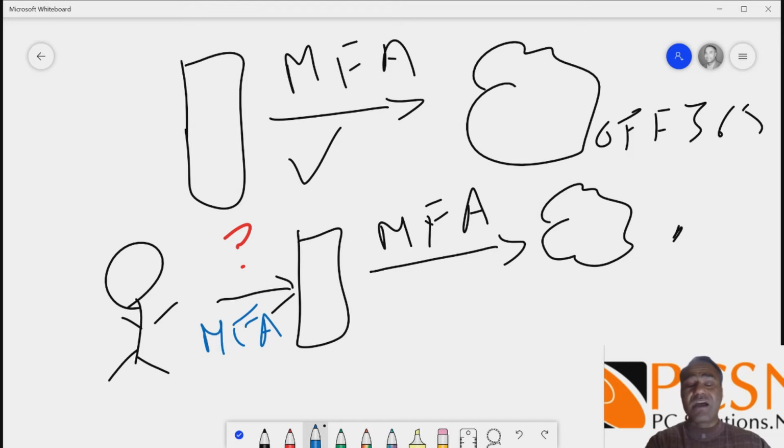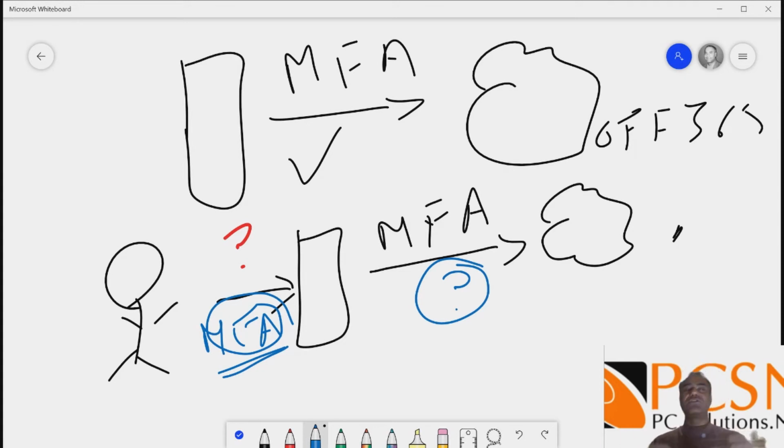Even if it gets compromised, because of this MFA the machine will still be secure at the office. So now if you can do MFA over here, then you may not need MFA over here, right? Well, you still need MFA over here. That's still needed, or some sort of MFA. So what's the answer to this situation?